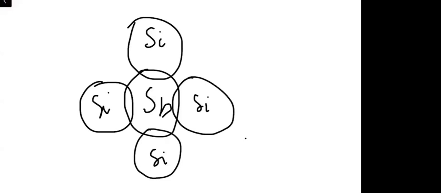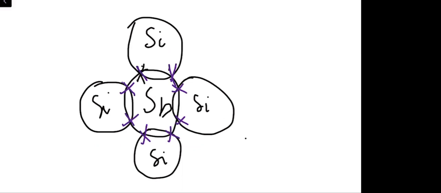So the covalent bonds are going to be made. Again we will have a covalent bond over here, over here, and over here, and so on. This means 4 covalent bonds will be made, but antimony has 5 valence electrons.